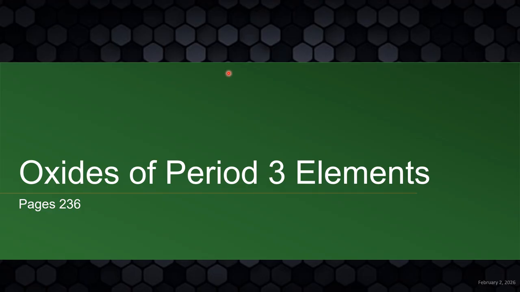What are the oxidation numbers? That kind of thing. And how they change across the period. So what we're going to focus on here is really the trend in oxidation number and other properties of those oxides. Something we kind of looked at with the chlorides in section 10.3, but we're now going to focus specifically on the oxides. This is going to be a very short section, so let's get started.